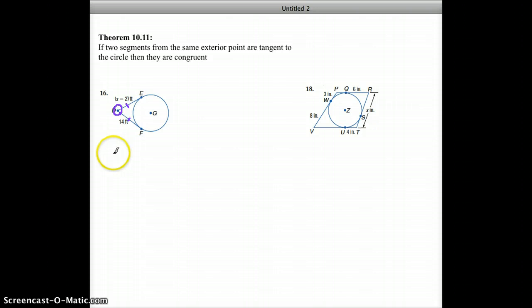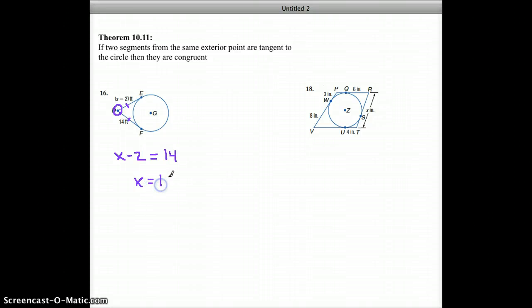So then very simply, if I'm going to find x here, x minus 2, the length of my one tangent, must be equal to 14, the length of the other tangent from the same exterior point, and we solve. And of course, x is 16 when I add 2 to both sides. Good.